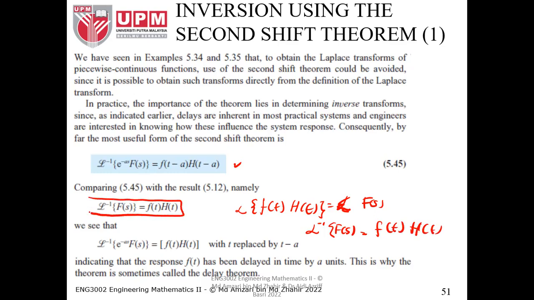Inverse of F(s), by the second shift theorem, you will get f(t) times h. So the Laplace inverse of exponent negative as F(s) is equal to f(t) h(t), where t is replaced by t minus a. This indicates that f(t) has been delayed by a units. Normally you will delay by a little bit, a units, for example 3 seconds or something like that.